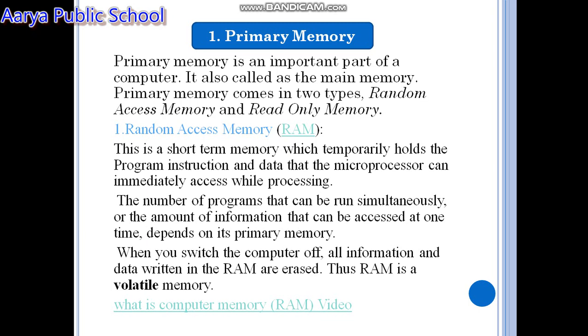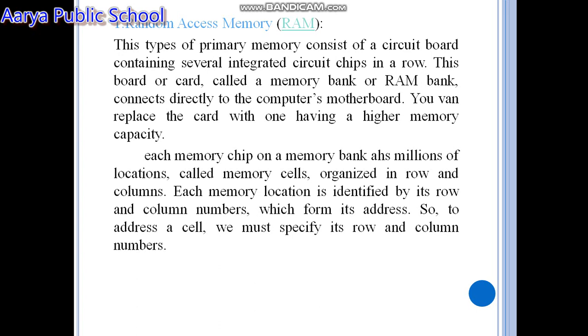Okay, now we continue. This memory is called volatile memory because when our computer system is off, all information and data written in this RAM are erased, so it's called volatile memory.